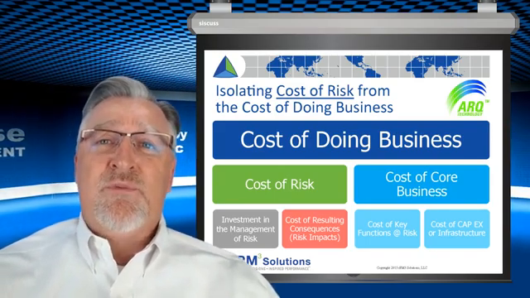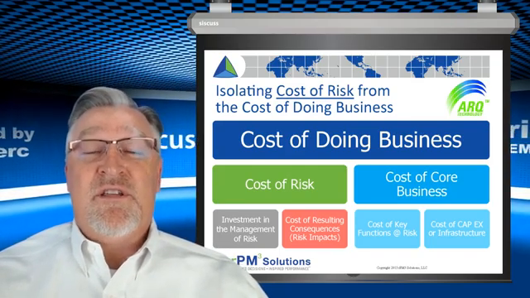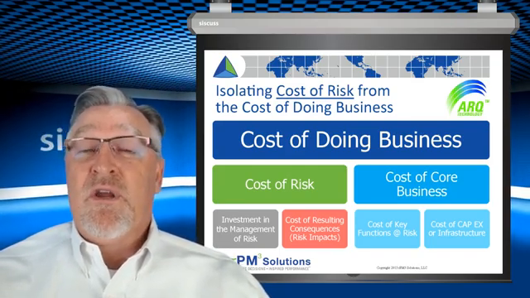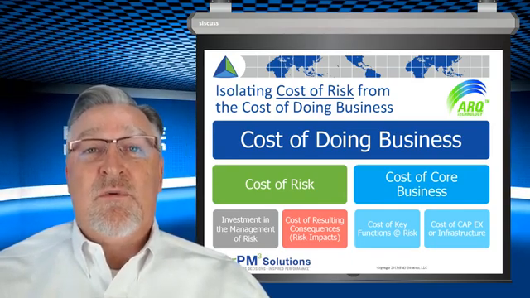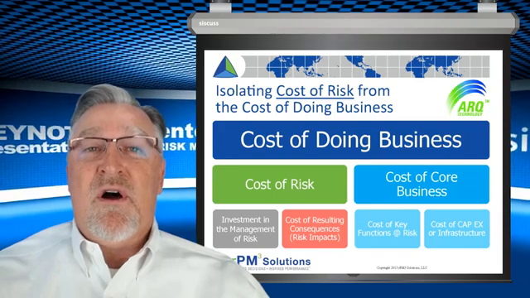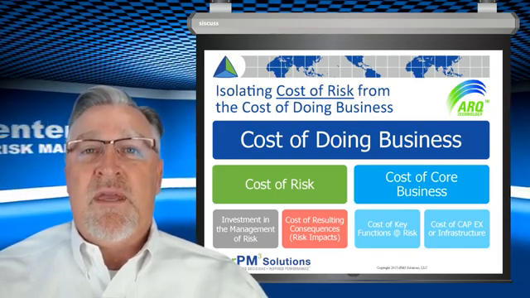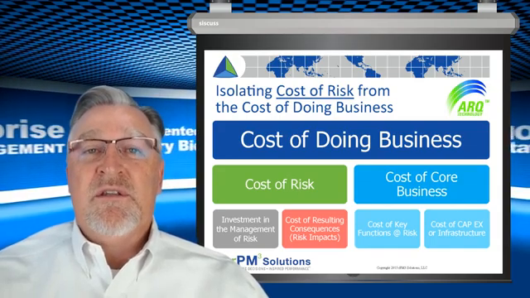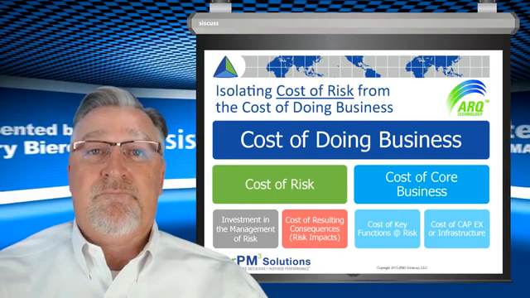The remainder is what I call the cost of core business. So in effect, these costs are there or exist regardless of whether risk exists or not. The thing that's interesting, and we'll talk about this, is that the cost of risk component of a business is growing in today's environment, making it more and more necessary to understand and quantify if we're going to be successful.